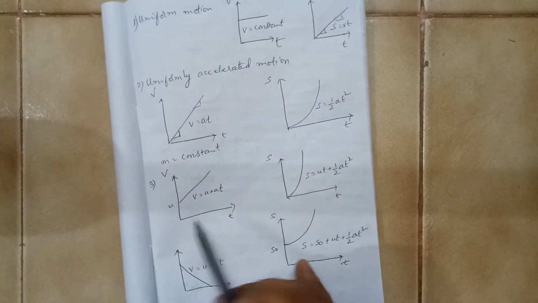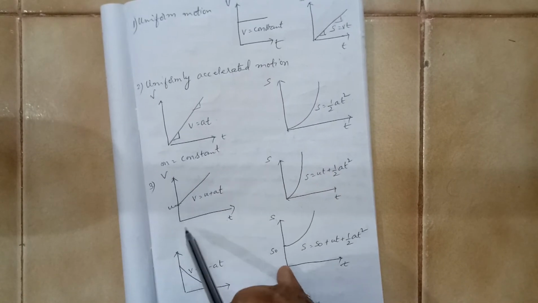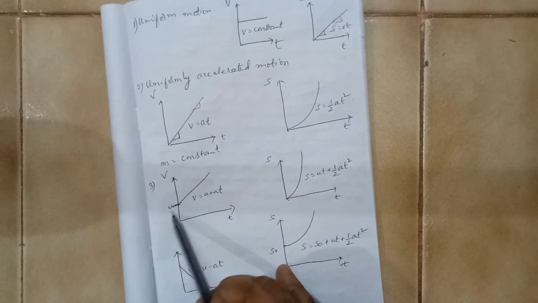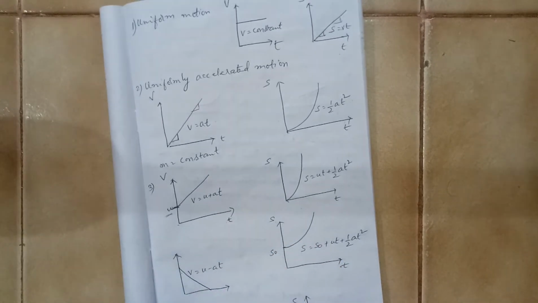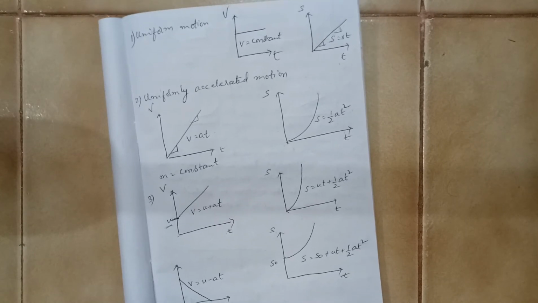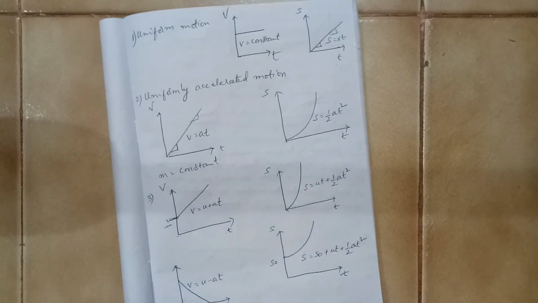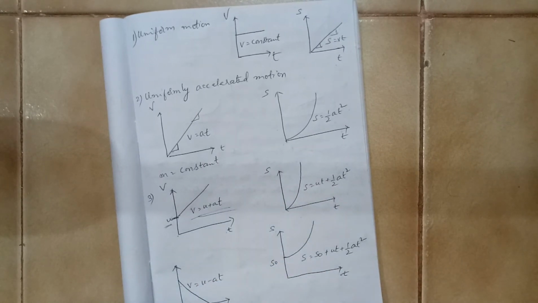Take this graph. This graph is between v and t. Here it is not starting from 0, it is starting from some value which is u. That means it has got some initial velocity, and from there the shape of the graph is like this. Is it uniform acceleration? Yes, because the slope is not changing. And what will be the equation? V is equal to u plus at. Here it is v is equal to at.